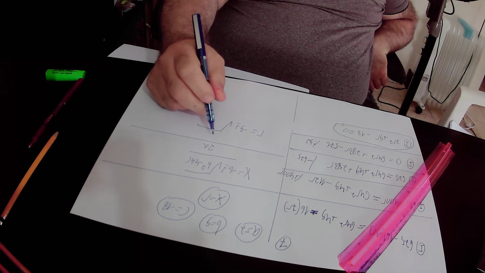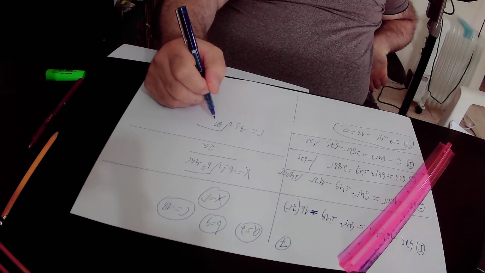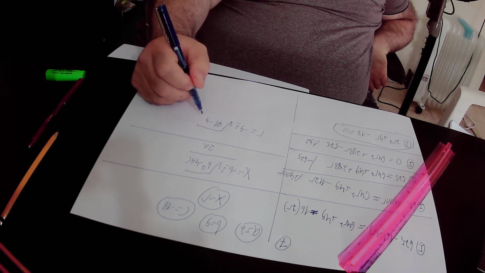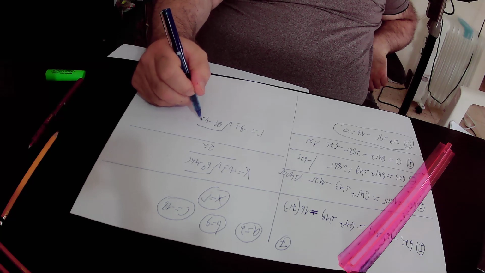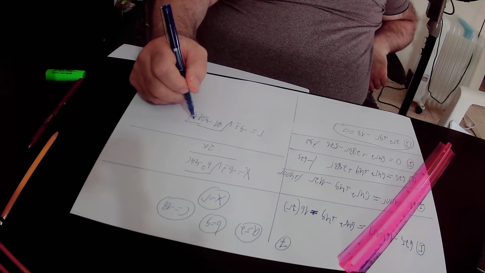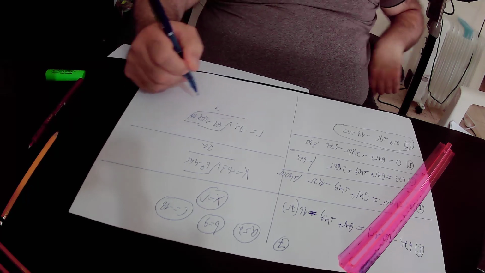B equals 9, so b squared is 9 squared, that is 81. Minus 4 times a is 2, times c is minus 18. All divided by 2a. A is 2, so 2a is 2 times 2, that is 4.